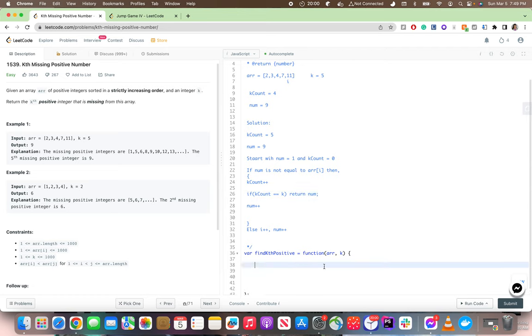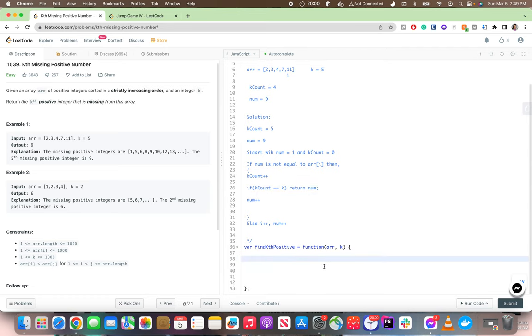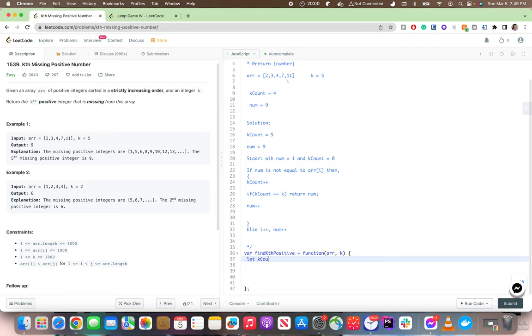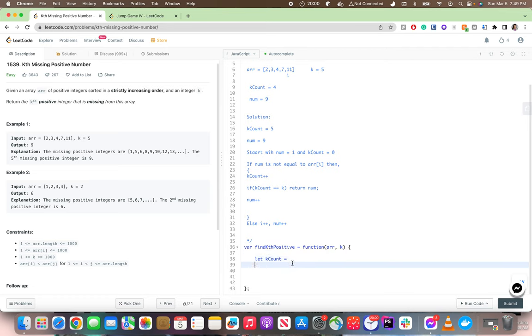So first of all, let me code this. Let k count is equal to 0, and let num is equal to 1, since num will start from 1.